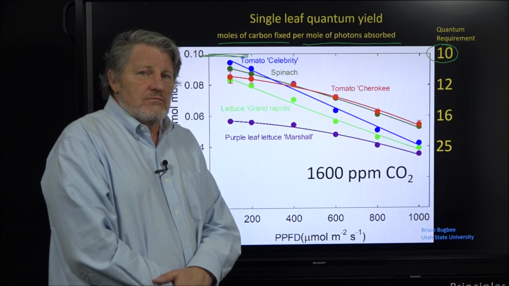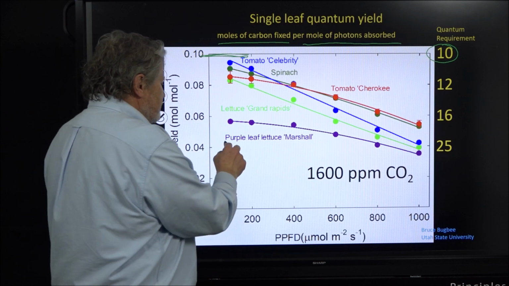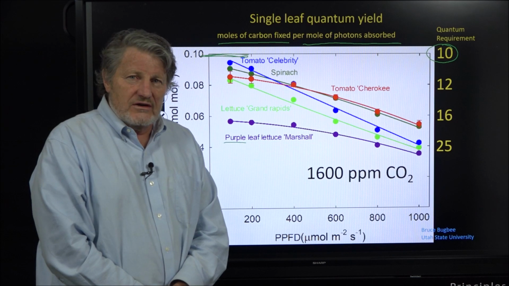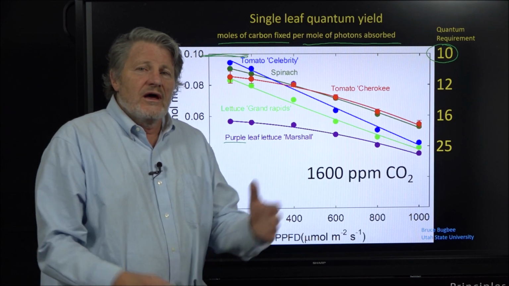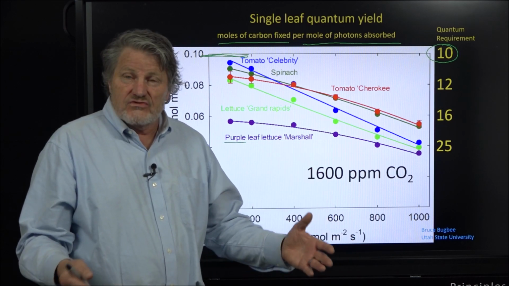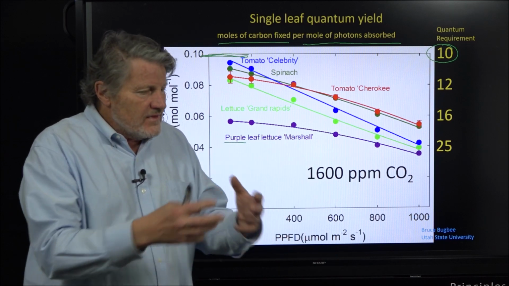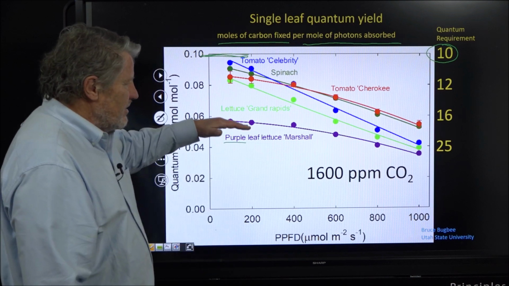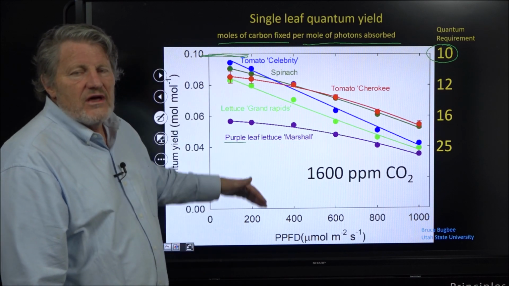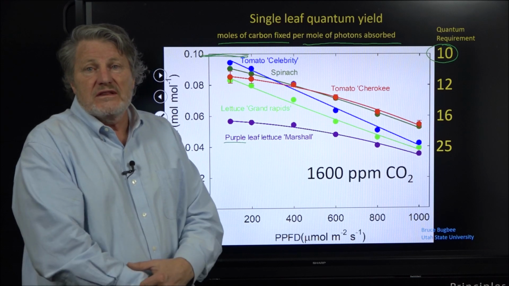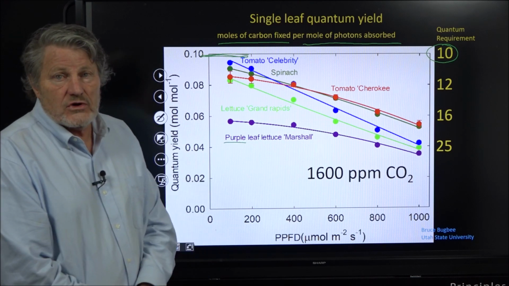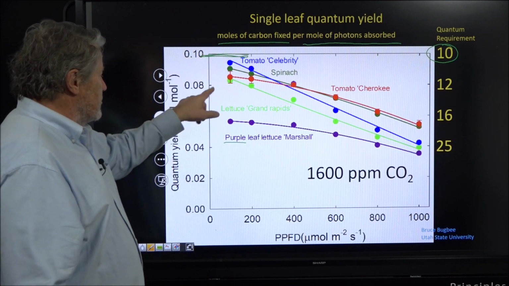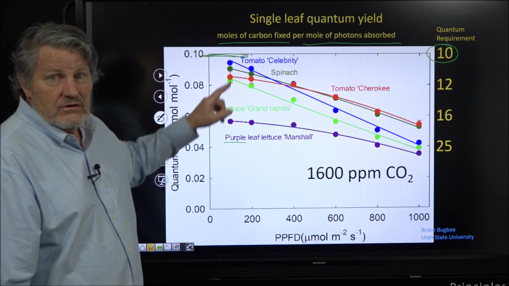Now when I say the leaf doesn't matter, purple leaf lettuce is full of anthocyanins, and anthocyanins are a protective pigment in leaves. They absorb solar energy and they don't fix carbon in photosynthesis. So when we have purple leaf cultivars, their quantum yield is fundamentally less than nice green leaf cultivars. We only get to these very high quantum yields at very low light.